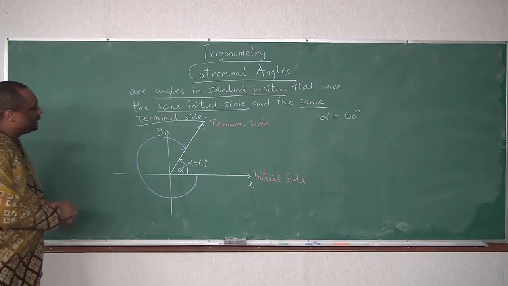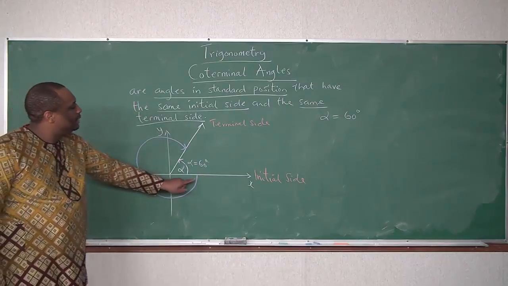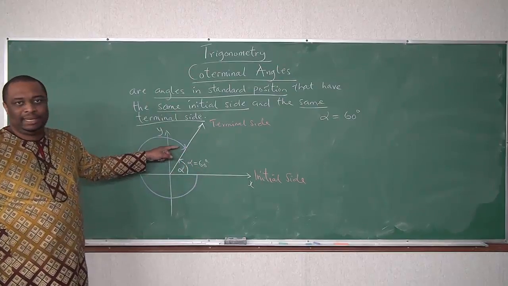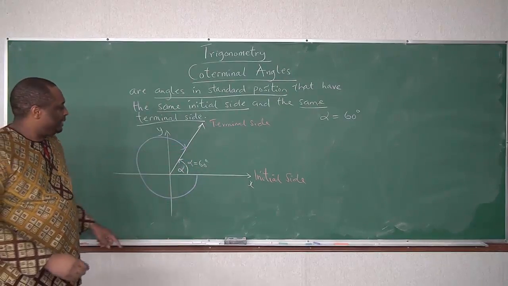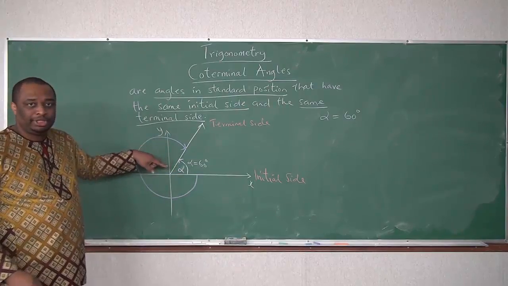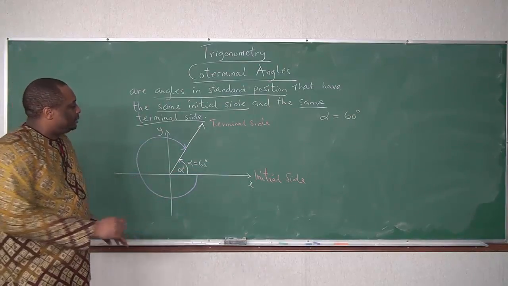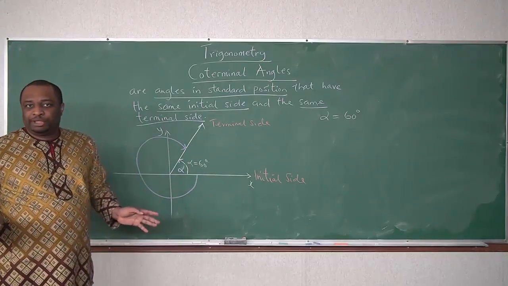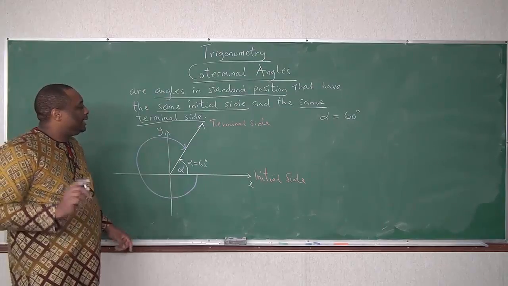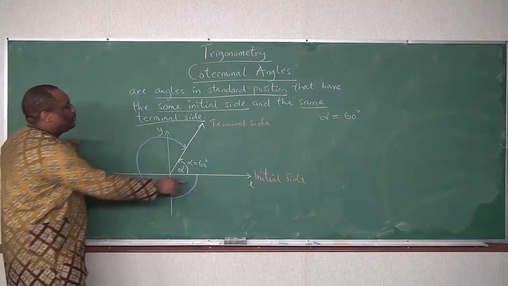So you see that this angle has the same initial side and the same terminal side, but the only thing is that it goes clockwise. Because of the clockwise motion, we say the angle is negative. Let me ask you this first. What would this angle be?